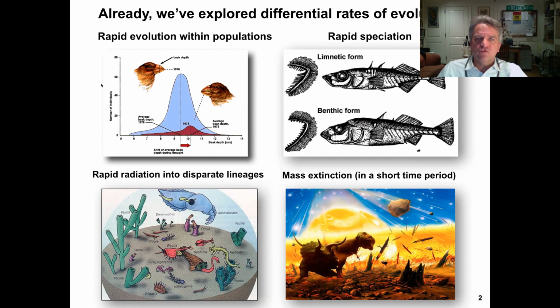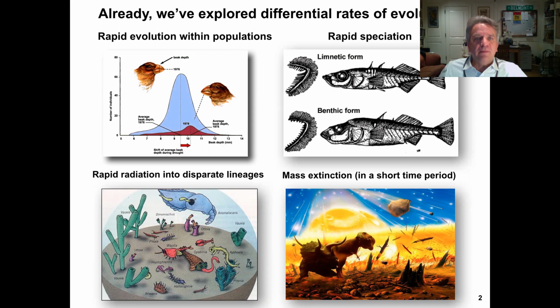Remember early on talking about Darwin's finches, we talked about how populations can rapidly change their characters in response to natural selection. We talked about speciation, patterns of sympatric speciation in freshwater sticklebacks in lakes in British Columbia, the rapid evolution of limnetic and benthic forms.